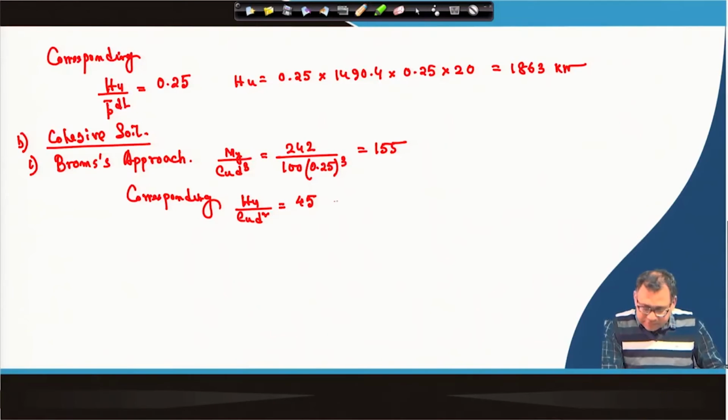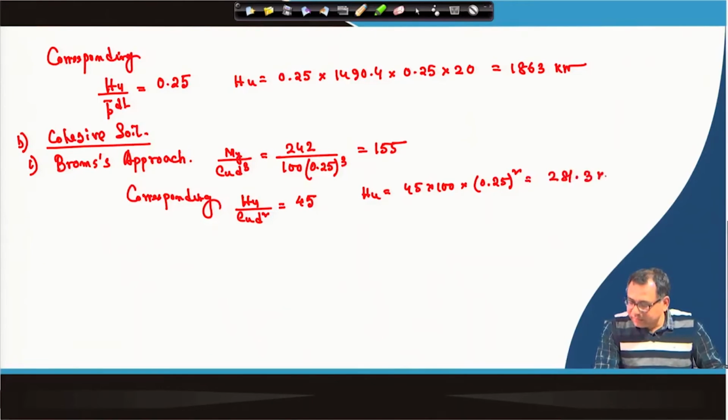So, here this is 45, so I can write that Hu will be equal to 45 into 100 into 0.25 square, so this is 281.3 kilonewton.